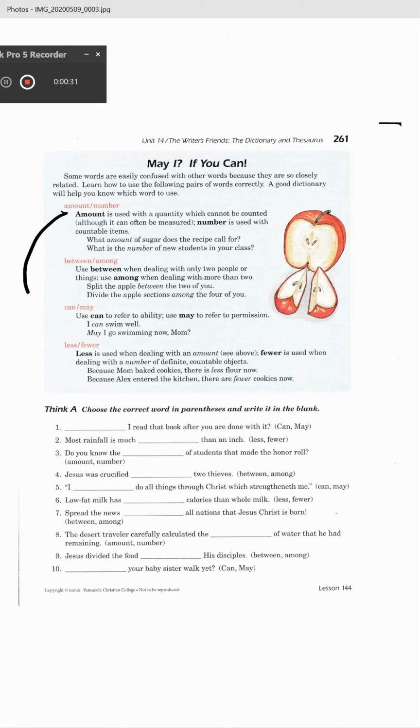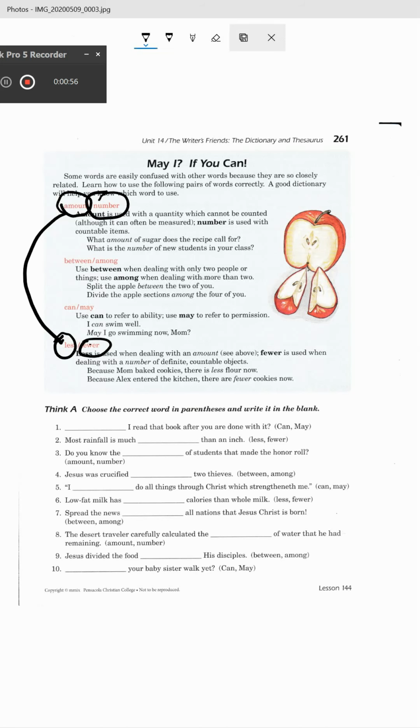These two right here kind of have the same idea. So when do we use the word amount and when do we use the word number, or when do we use less and when do we use fewer? In a situation where you don't really count it, you would use less or amount. Where you can count it, you will use number or fewer.